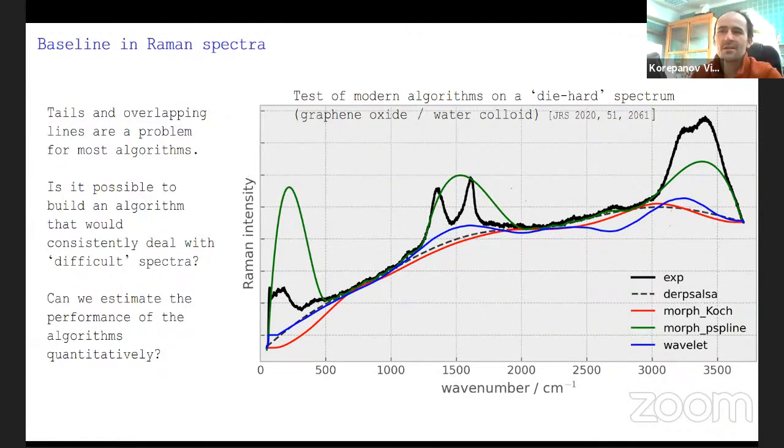You can see that most of them really have difficulties with this kind of spectra, which have broad bands and especially superimposed bands and pronounced tails. So whether we can build an algorithm which would deal with this kind of spectra efficiently, and whether we can quantitatively estimate the performance of the algorithms, this is what I would like to tell a few words about.